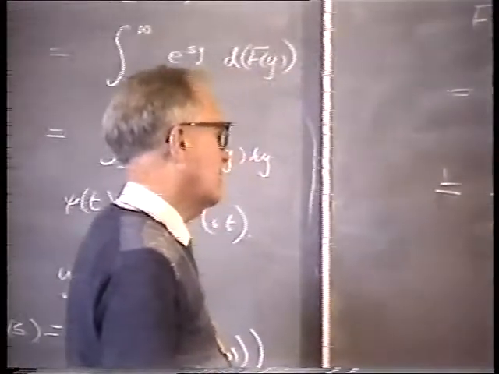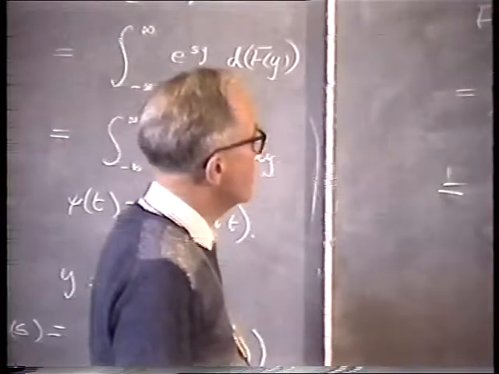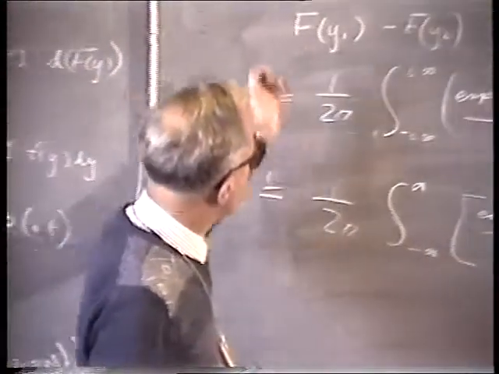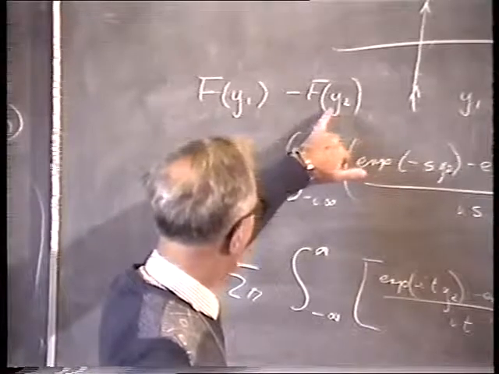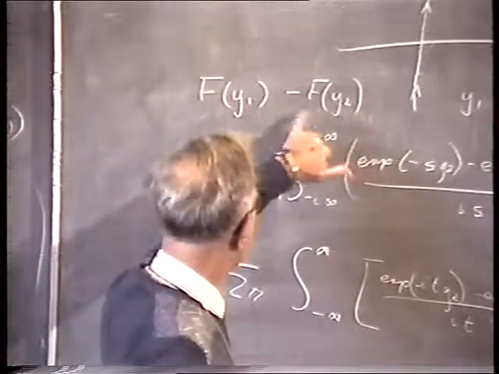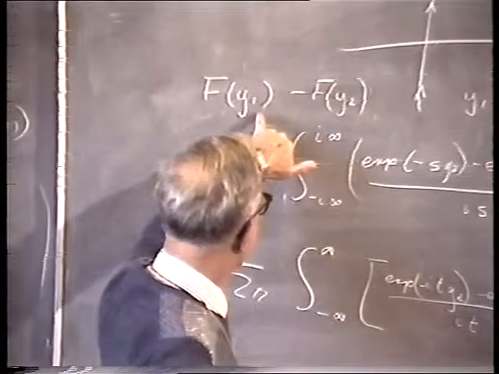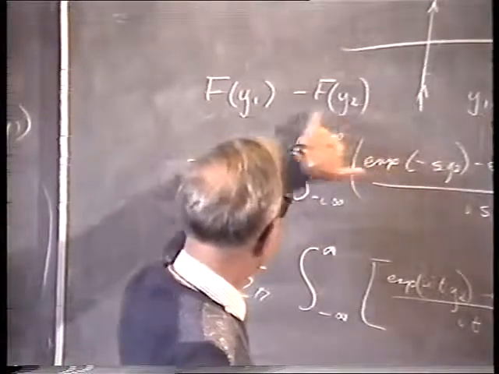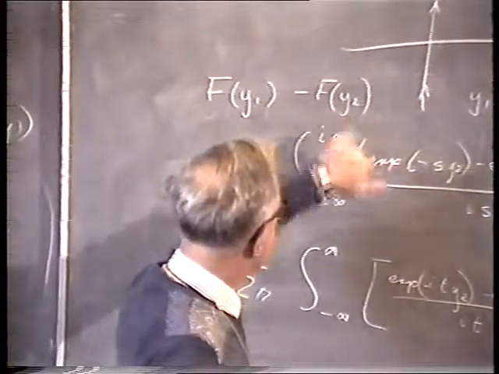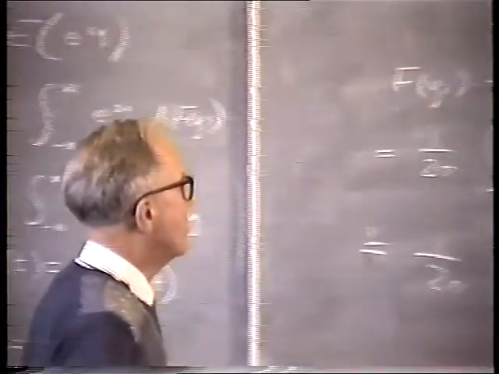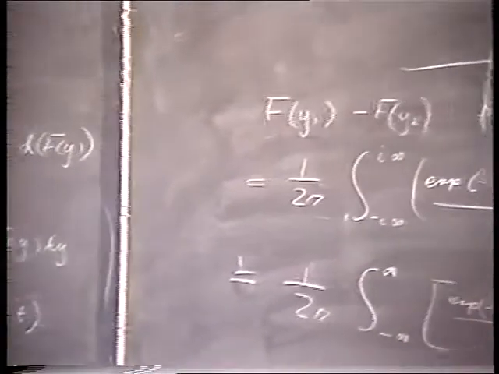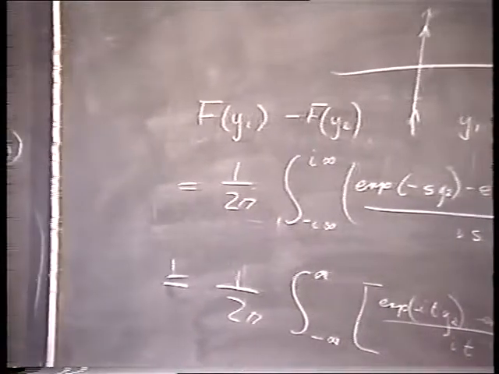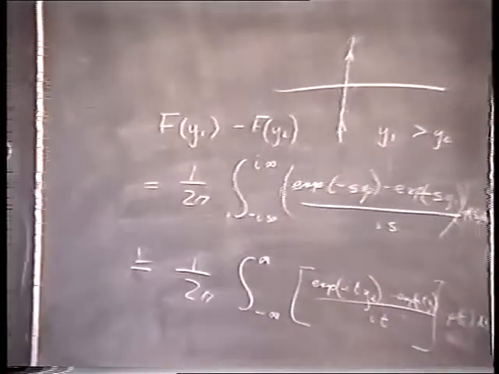You might expect that as you consider what happens here as y1 goes to infinity. Let's see. Now the obvious thing to do here is to make F of y2 tend to 0 by considering the limit as y2 becomes large and negative, tends to minus infinity.